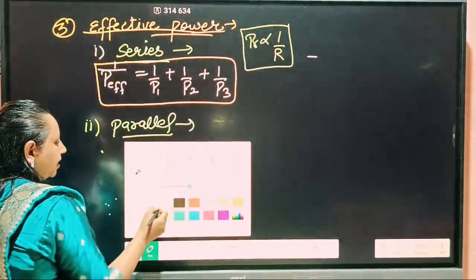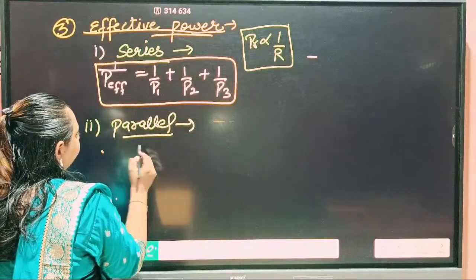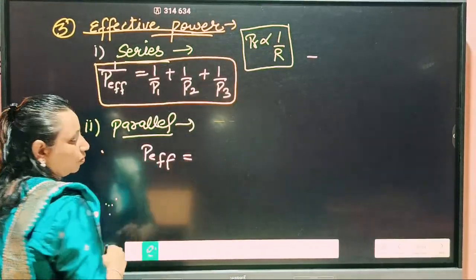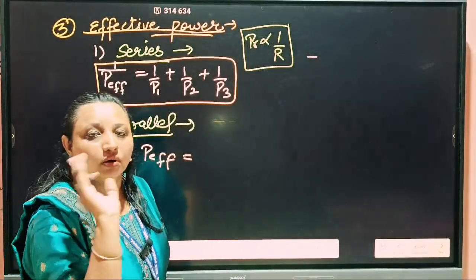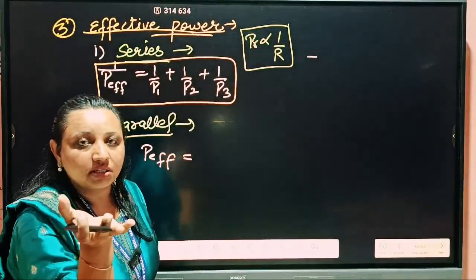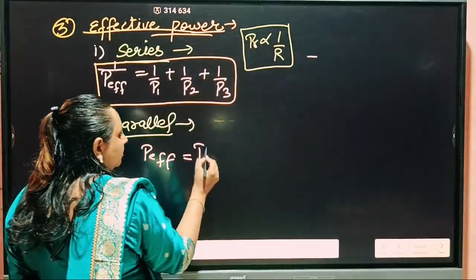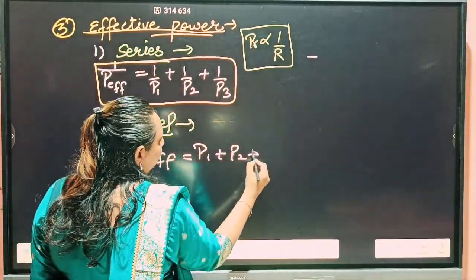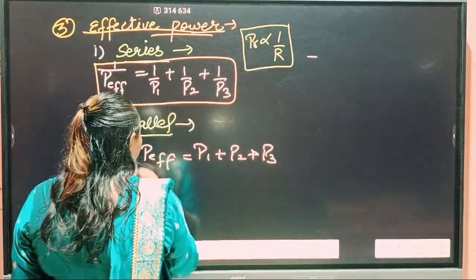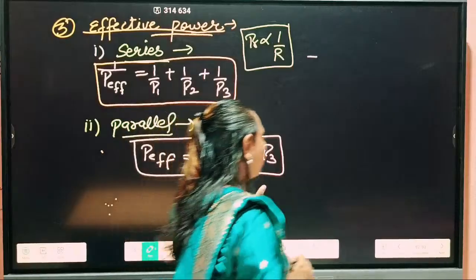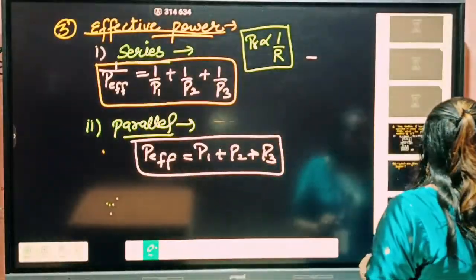But in parallel combination, what is the formula used? The net or effective power of the whole parallel combination is equal to the sum of the powers of the individual electrical appliances, P1 plus P2 plus P3. Right? This is the formula for effective power.